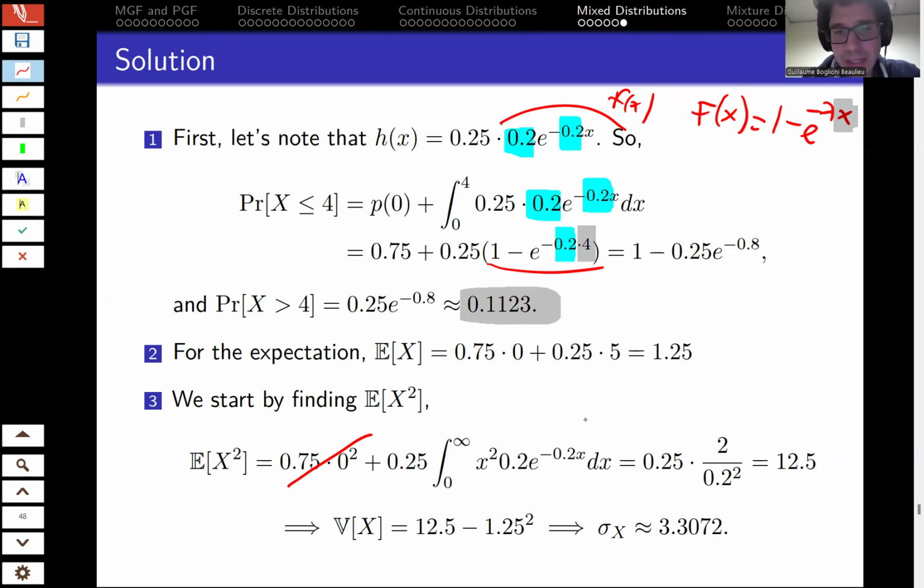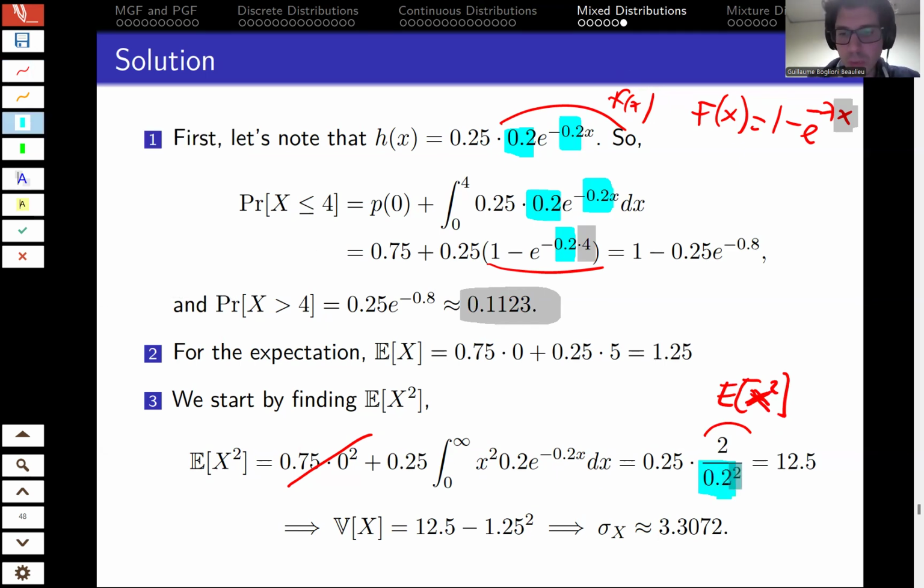But again, this is easy because we know f(x) is the density of an exponential, so we know the integral of x squared times the density of an exponential is this. Where does this come from? It's simply the result of the expected value of x squared, where x is specifically an exponential with a lambda of 0.2.